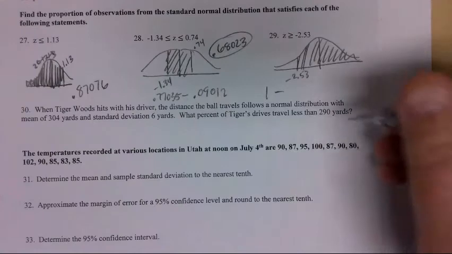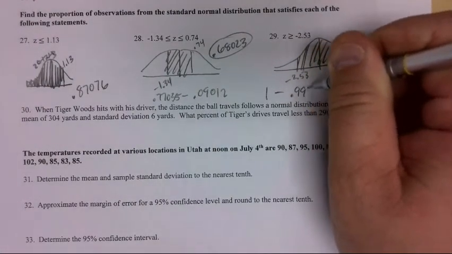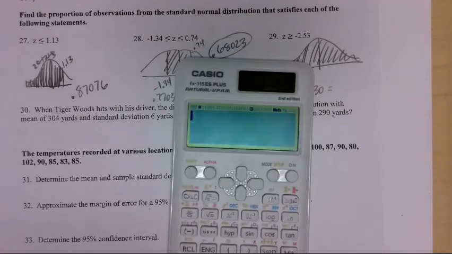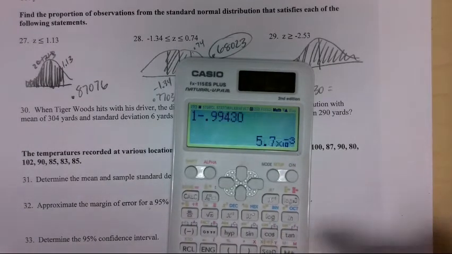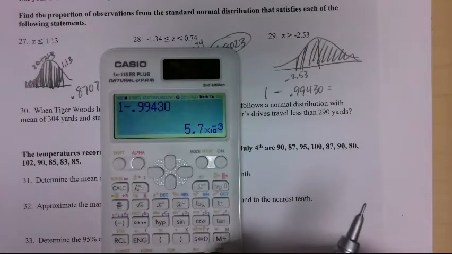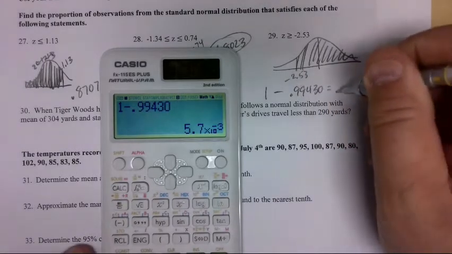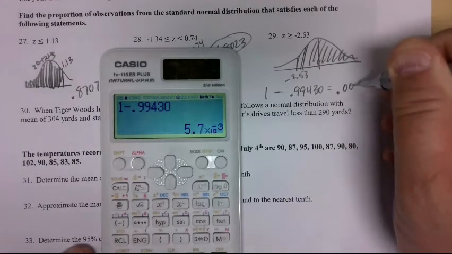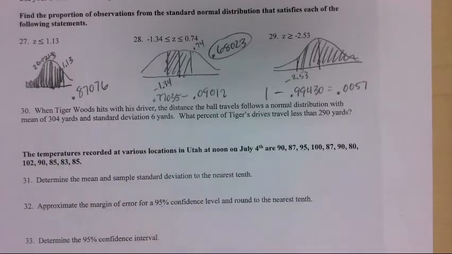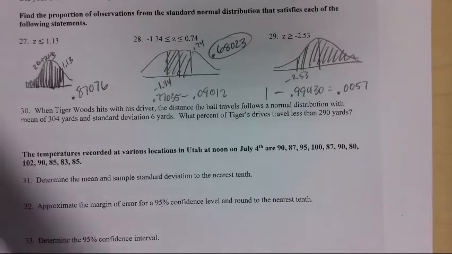So 1 minus 0.99430 gives me 0.0057. Mine's in scientific notation, but that's what that means. Okay, cool. I'll keep those handy because I think I'm going to use them in a second.